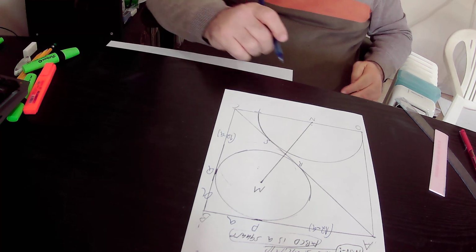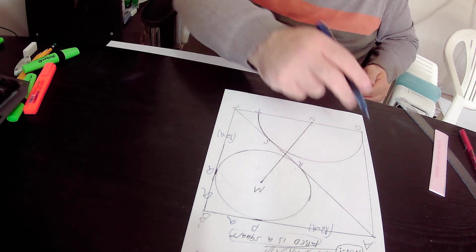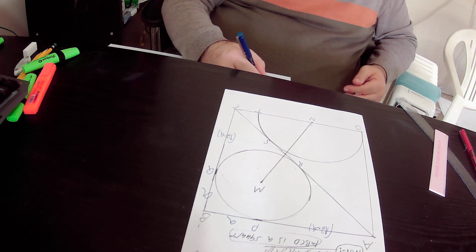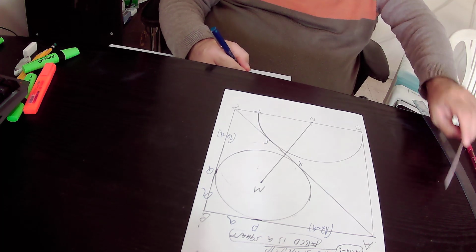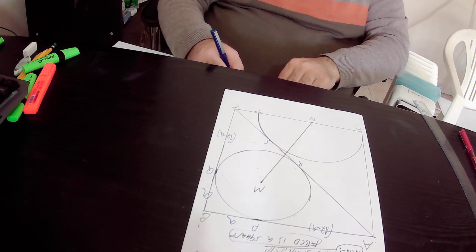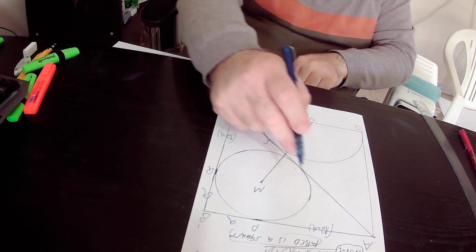In the next step, we will focus on the common external point A. From the common external point A, we have two tangents to this circle.